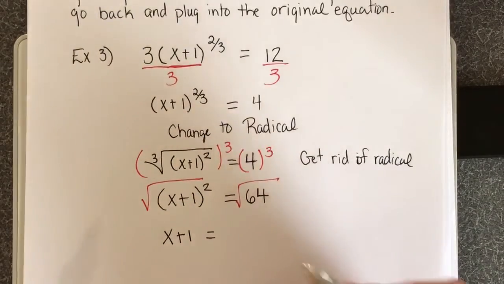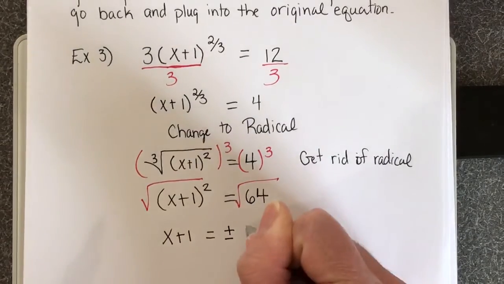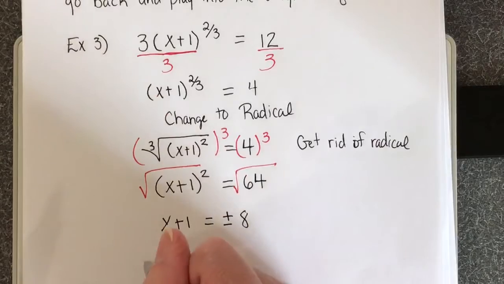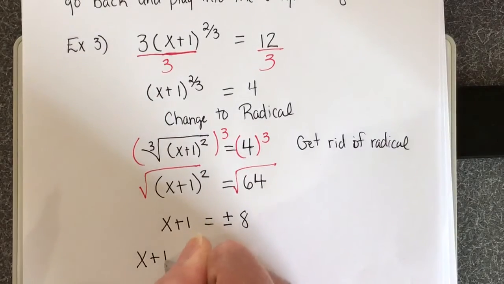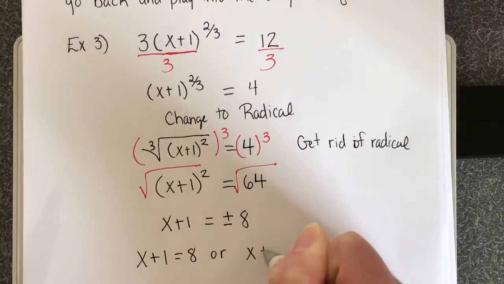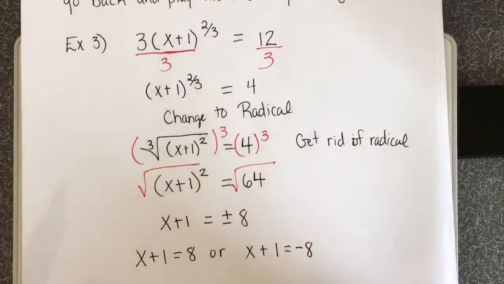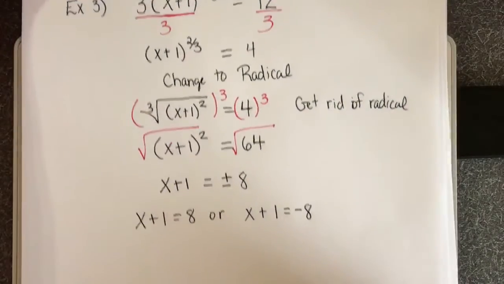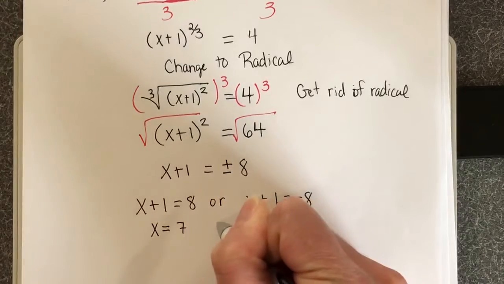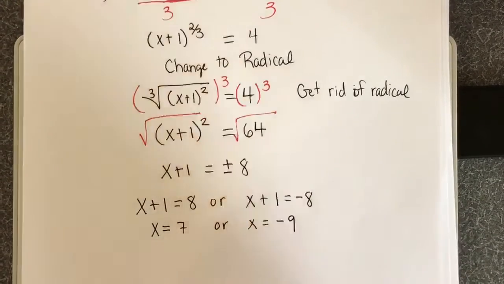So the square root of 64 is 8, and then you could have positive 8 or you could have negative 8. So x plus 1 could be positive 8, or x plus 1 could be negative 8. So if I subtract the 1, x could be 7, or x could be negative 9.